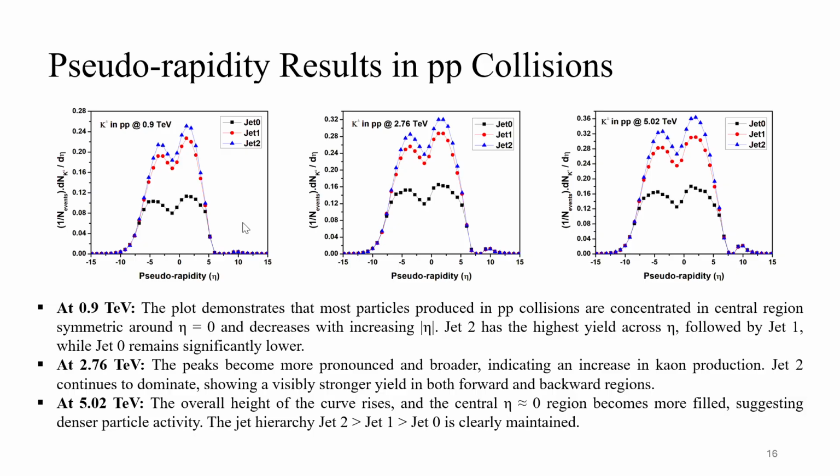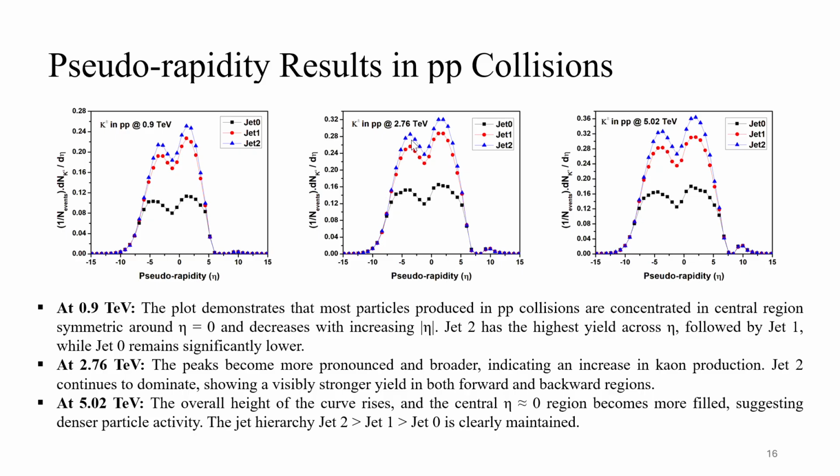And let's now check the jet dependence. As you can see, at jet 0, when jet is set as off, there are less dense particles produced, and it is not prominent. Then jet 1, and the highest peak value we got when jet is set as 2.